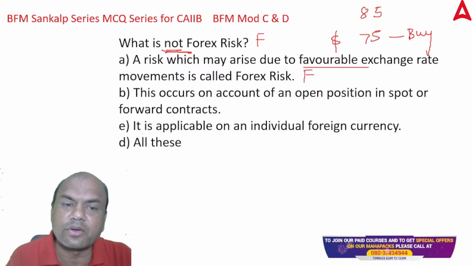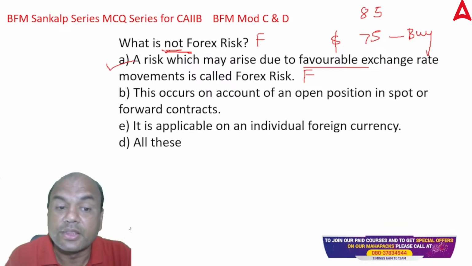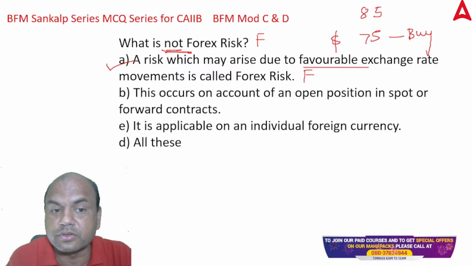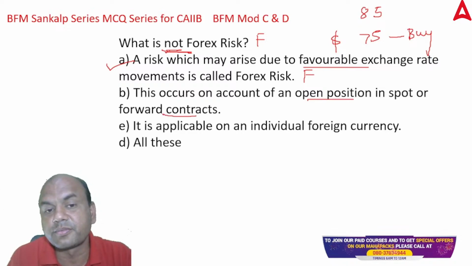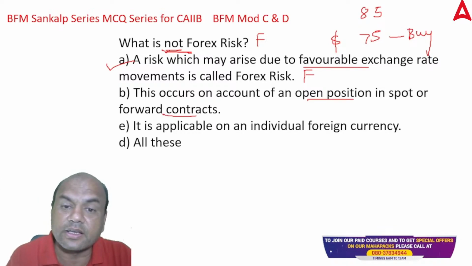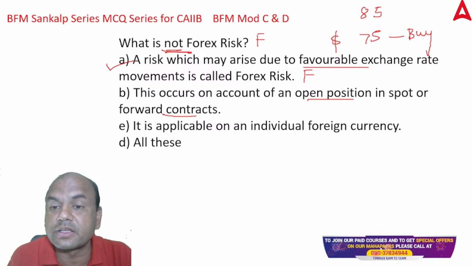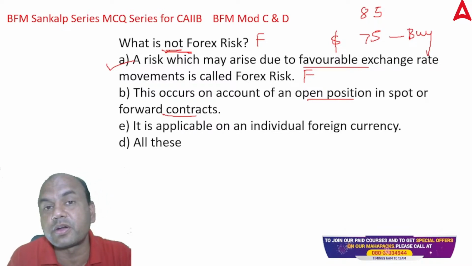See, first you got this answer A. But now there is the option of all of these also, so these can also be false. This forex risk occurs on account of open positions in spot or forward contracts. Open position means day-end position, right?